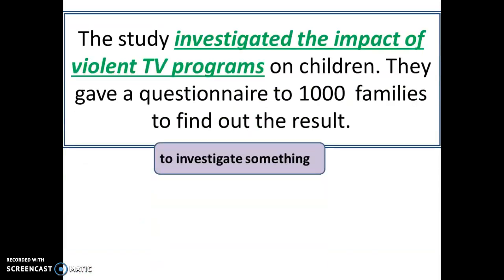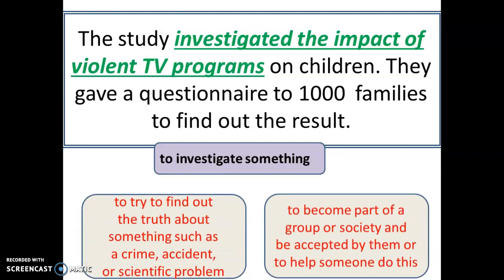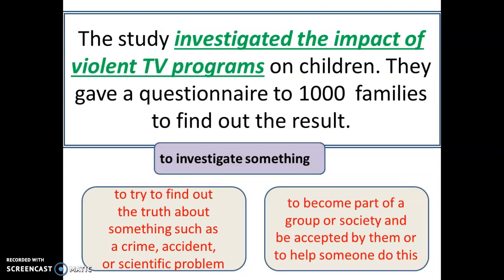The next word is investigate, to investigate something. The study investigated the impact of violent TV programs on children. They gave a questionnaire to 1,000 families to find out the result. Okay, so what does investigate mean?